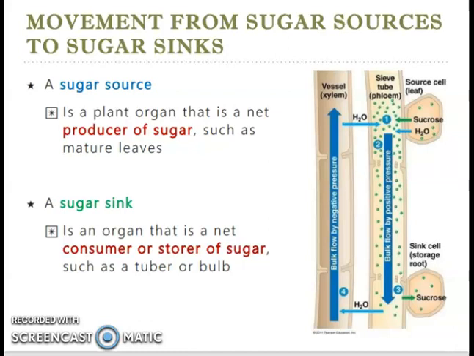So what do we mean by source tissue? Source tissues are plant organs such as the leaf that produce sugar molecules. Then sink tissue means a plant organ that consumes or stores sugar molecules, such as the root organ belonging to that.